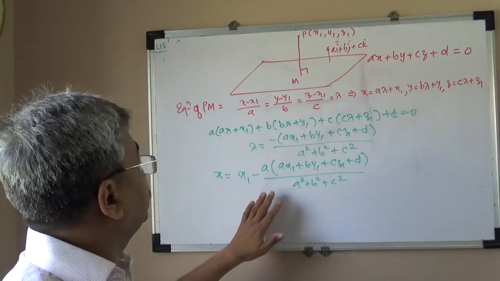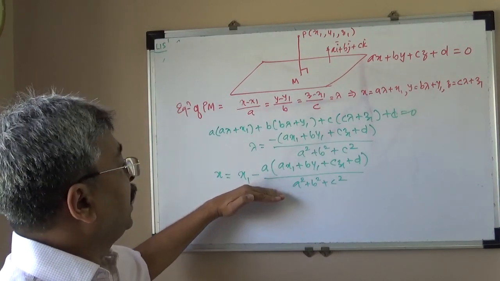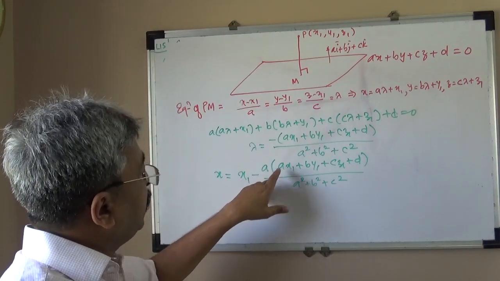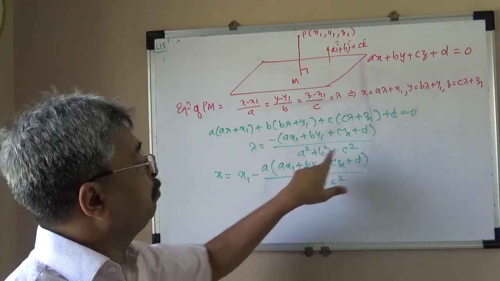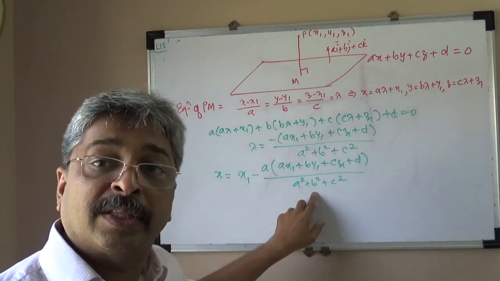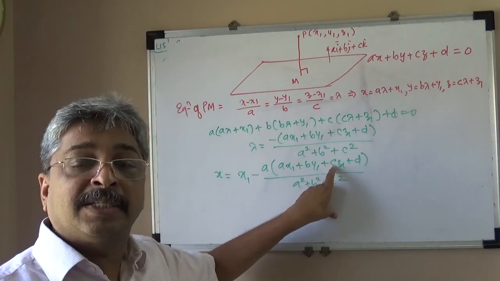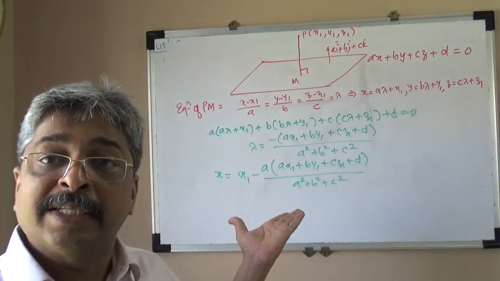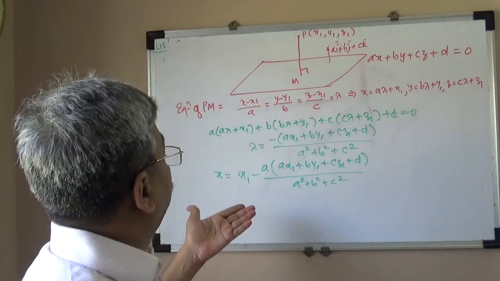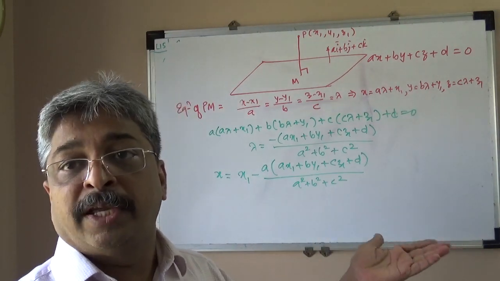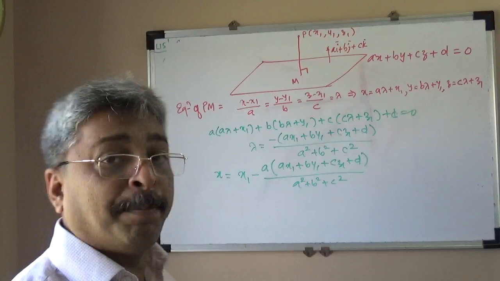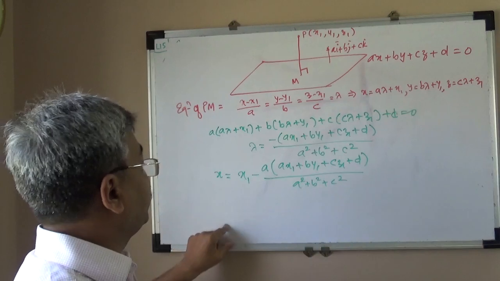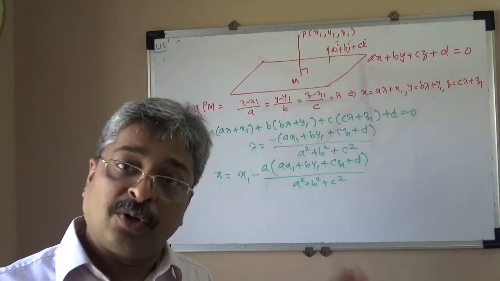Now you will be surprised to see this formula: in two-dimensional geometry we had exactly the same, x1 minus a times (ax1 plus by1 plus c) upon a square plus b square. Only one parameter is getting added because the geometry went from 2D to 3D, otherwise it is exactly the same. This is to be appreciated. Now you find y and z, and then finding the distance is not going to be a big deal.